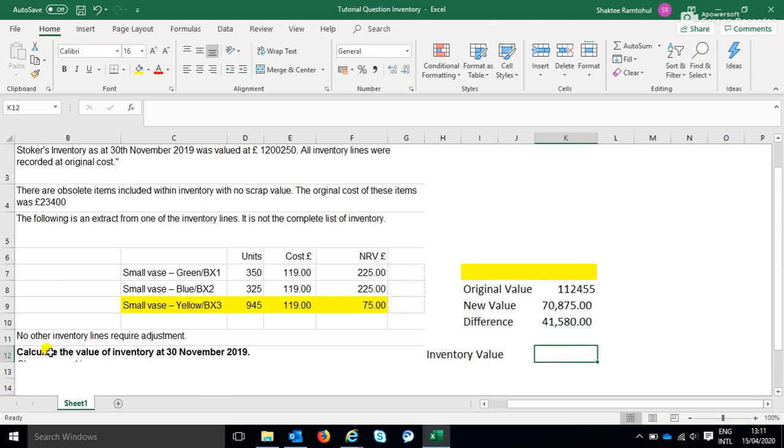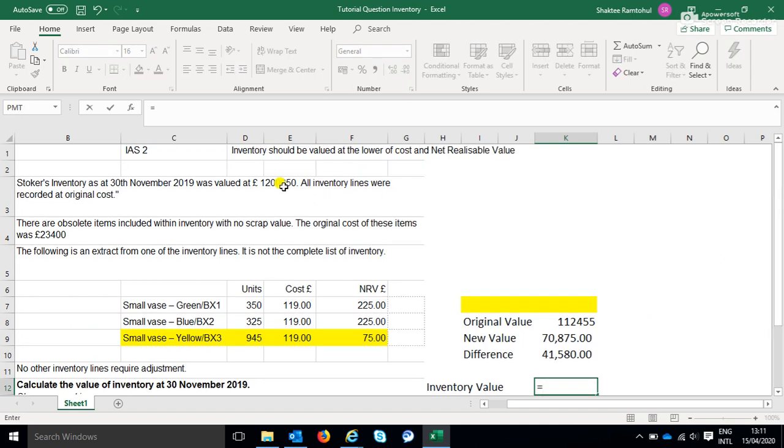We're also told to calculate the value of inventory at 30th November 2019. No other inventory lines require adjustment. So our original inventory value is right here, 1,200,250. We need to take away the obsolete stock, 23,400.